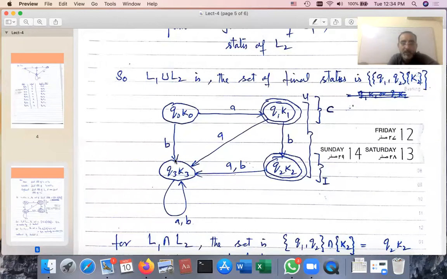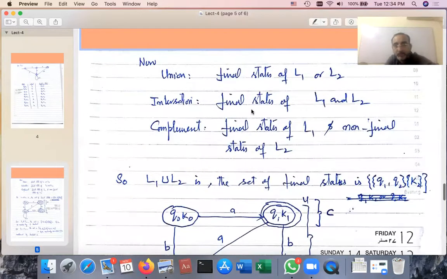That's why these states cannot be marked as final states. So only these two states are the final states for the union of L1 and L2. That's why I mentioned here with this bracket that these both states are considered in the union. And now for intersection.